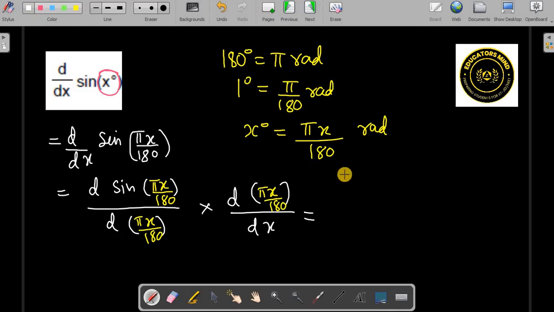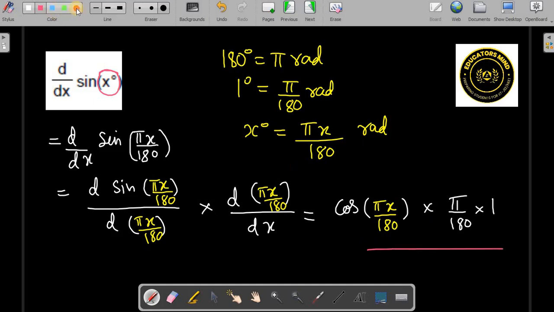The sine of that with respect to x will become cos, and here pi by 180 will come out as a constant. X differentiation with x is 1, right? So that's the answer: cos of the angle pi x by 180, times pi by 180. This is what we have got, right? Okay, so let's move to the next.